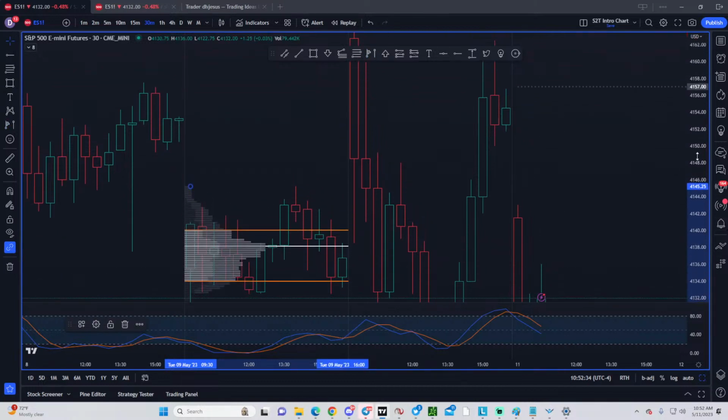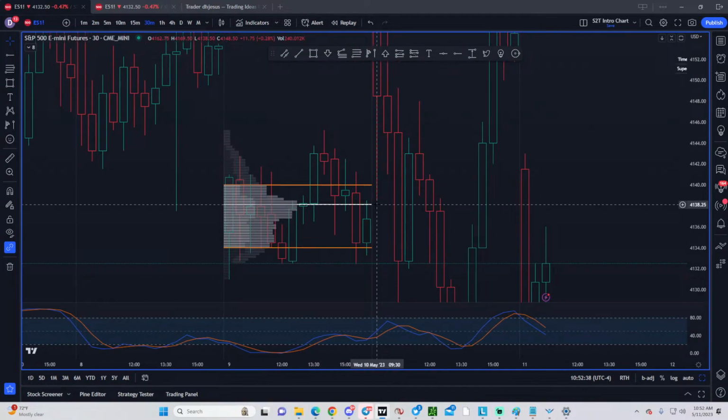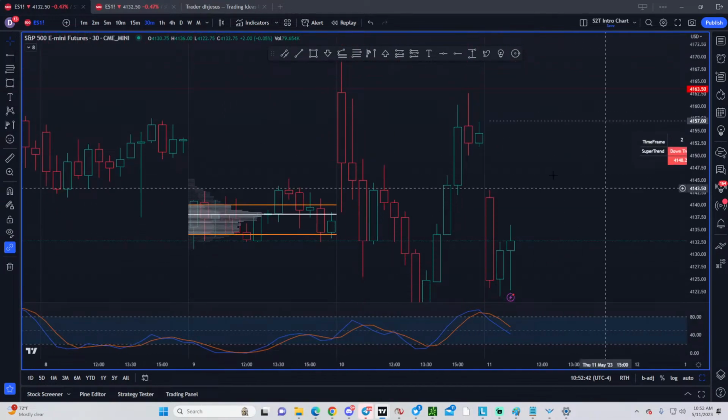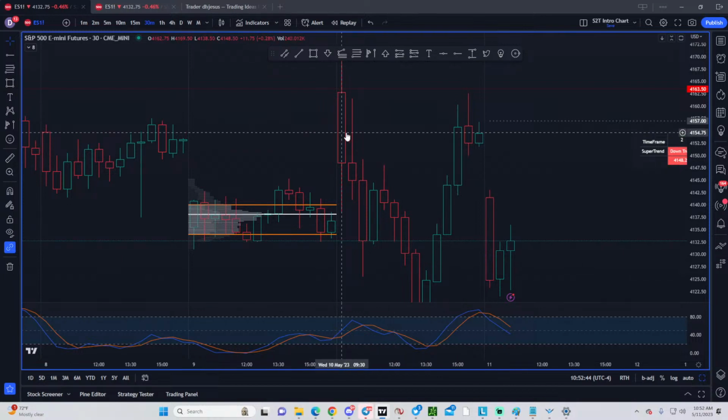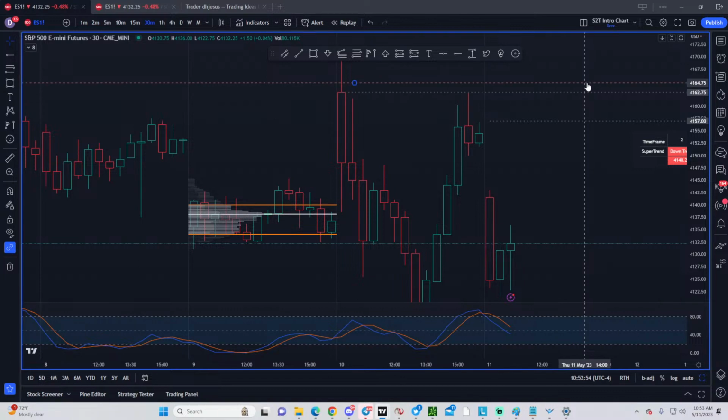Because we have a very, very tight session, you have the POC, value area high, and value area low. The market opened at 62, right on top over here. You already knew 63 was a key level for me because I told you that many times before.